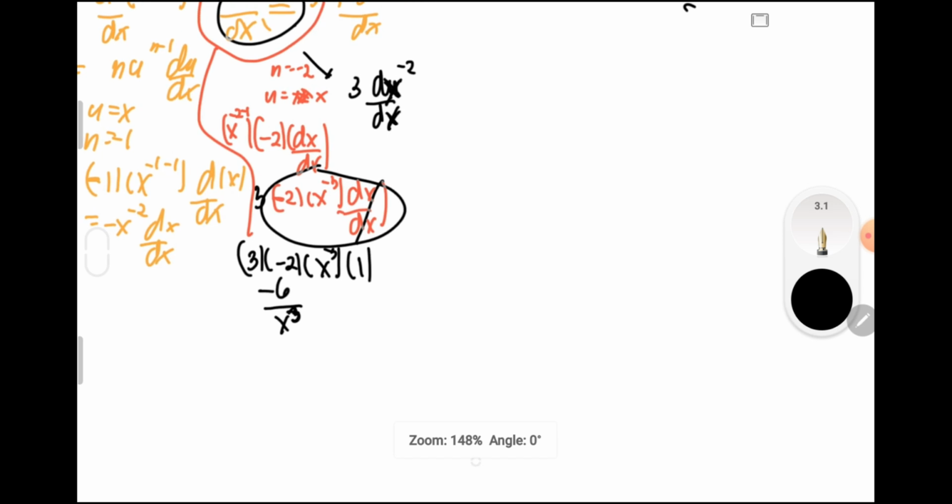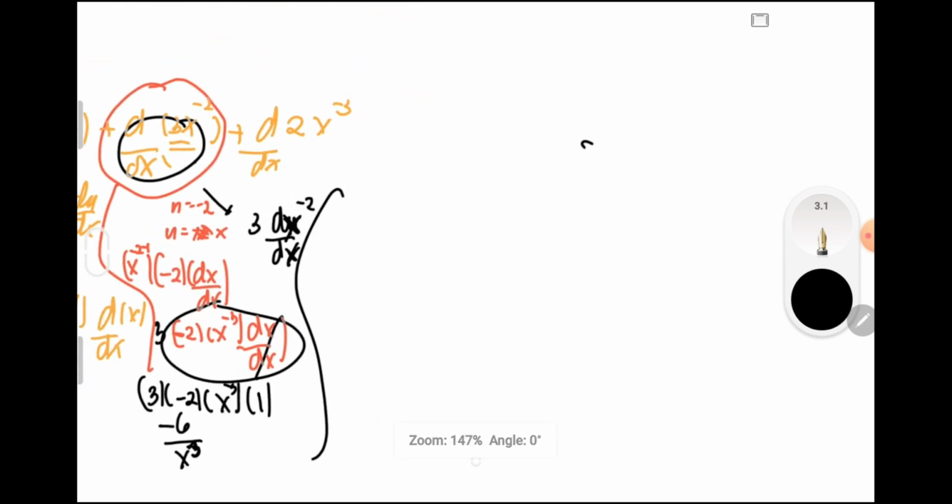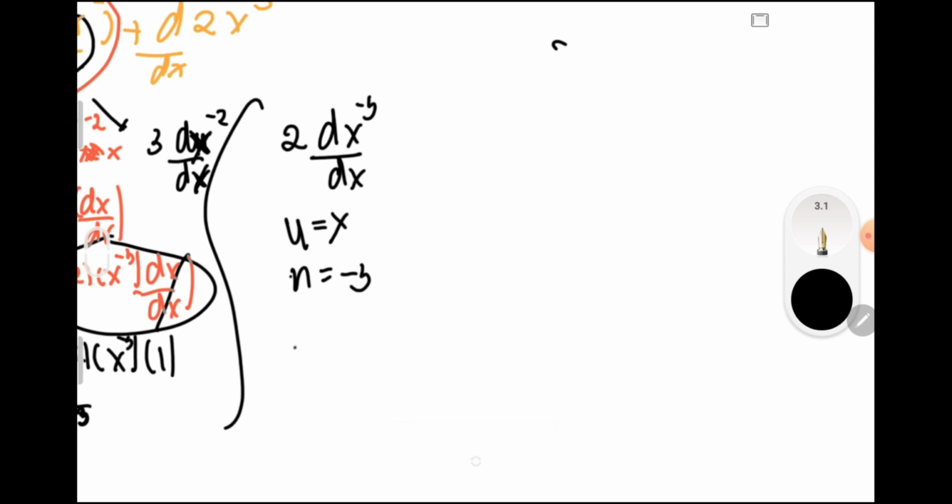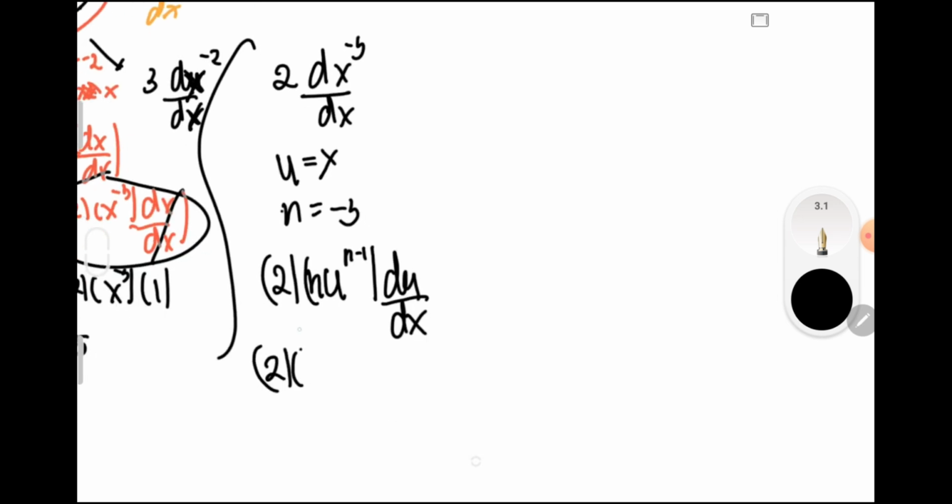And so for our third term, we'll have 2 times the derivative of x raised to negative 3 dx. So product rule, wherein your u will be equal to x, your n will be equal to negative 3. So therefore, we'll have a value of 2 multiplied by n, which is equal to negative 3, multiplied by u raised to negative 3 minus 1 dx over dx.